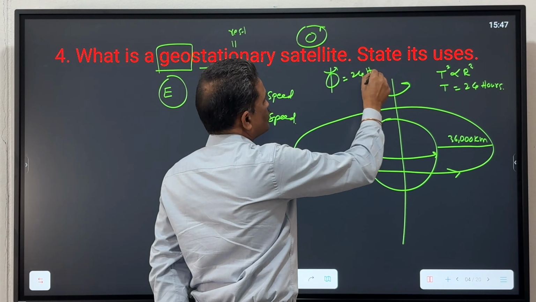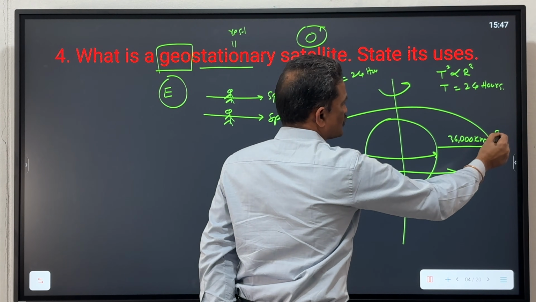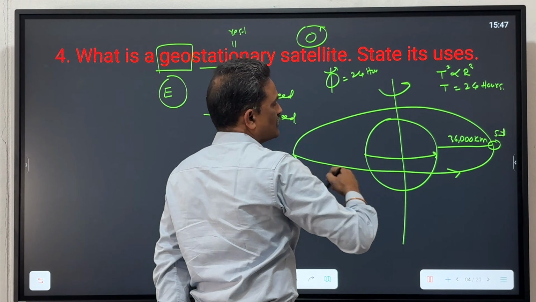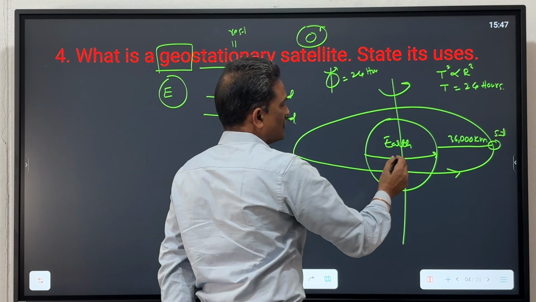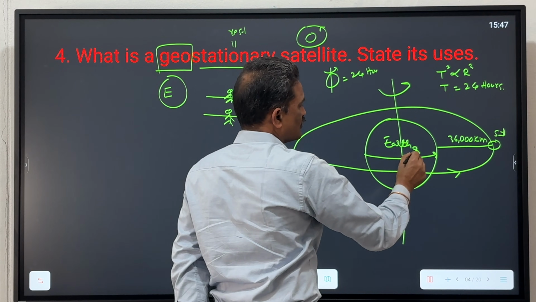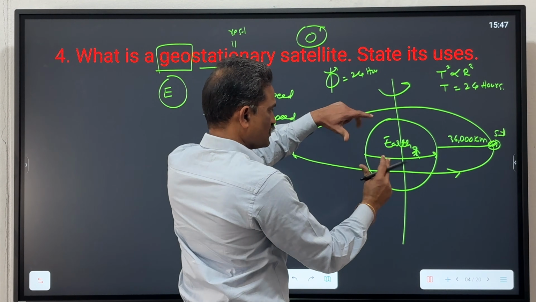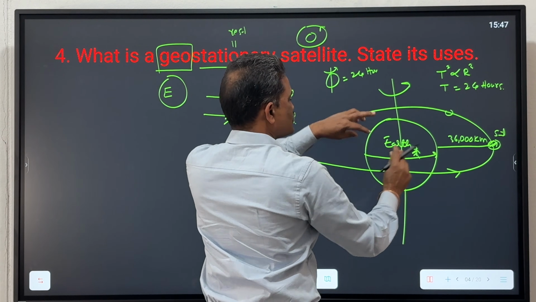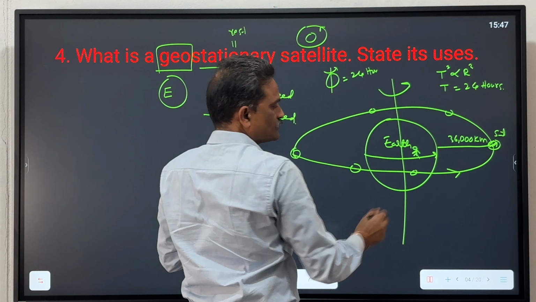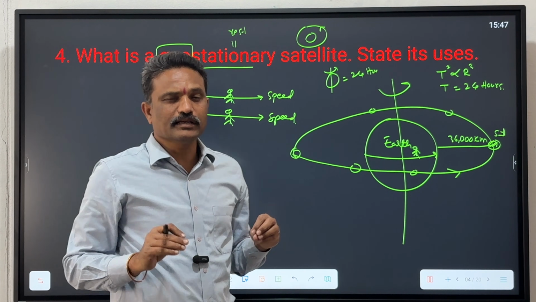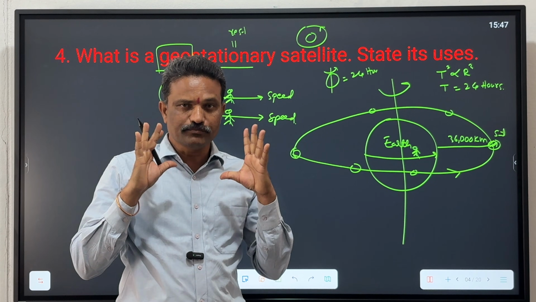I am making the time of revolution of the satellite equal to the time of rotation of the Earth. When both are the same, for a person standing on the Earth, this satellite appears to be at rest. When the Earth rotates, by that time the satellite also moves. So for a person standing in Hyderabad and looking at the satellite, it remains at the same position.